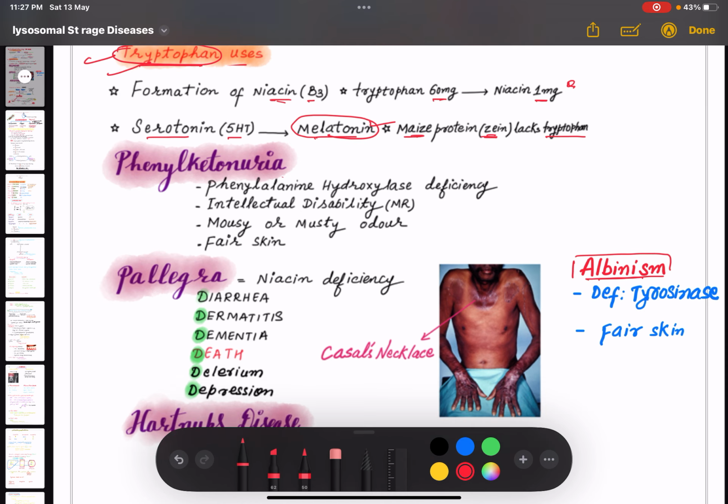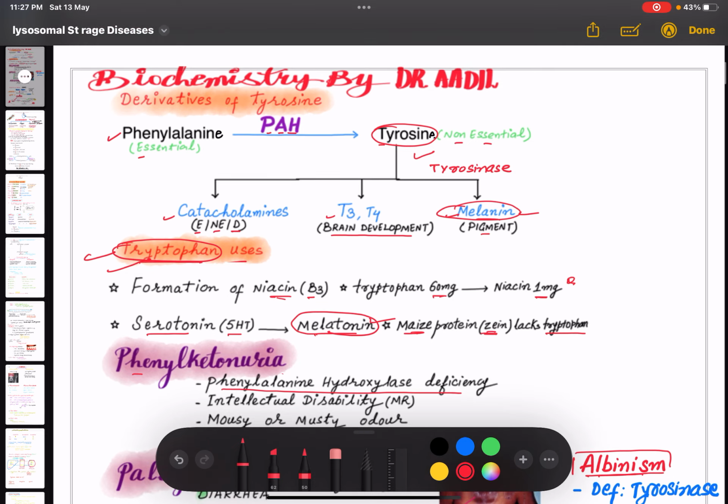Now let's see some diseases. See this, phenylketonuria. It is due to deficiency of phenylalanine hydroxylase. As you can see here, if this enzyme is deficient, tyrosine will not be formed. Once tyrosine is not there, these derivatives will not be formed.